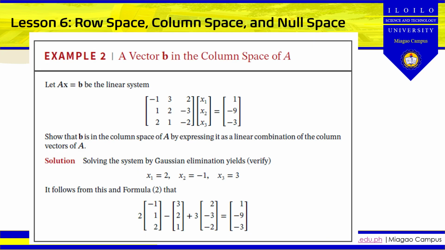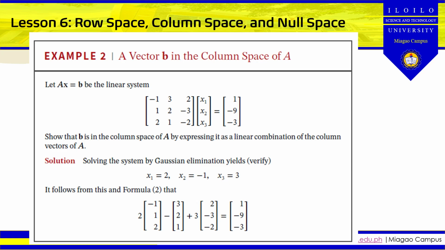For example, consider a vector b in the column space of A. Let Ax equals b be the following linear system, in which matrix A has rows negative 1, 3, 2; 1, 2, negative 3; and 2, 1, negative 2, with coefficients x sub 1, x sub 2, x sub 3, equal to the constants of the linear equations 1, negative 9, negative 3.